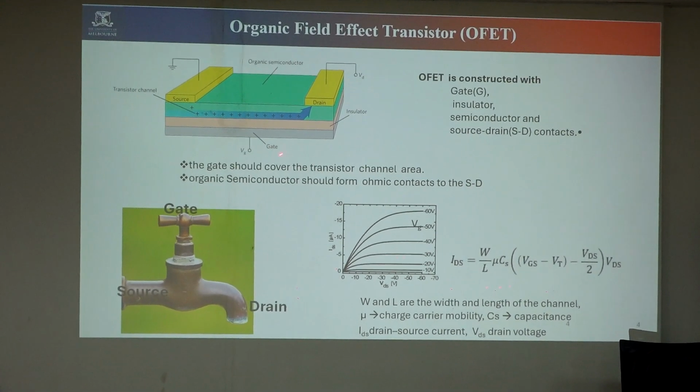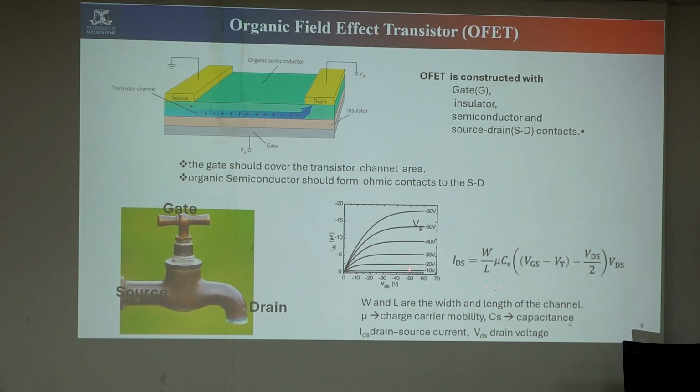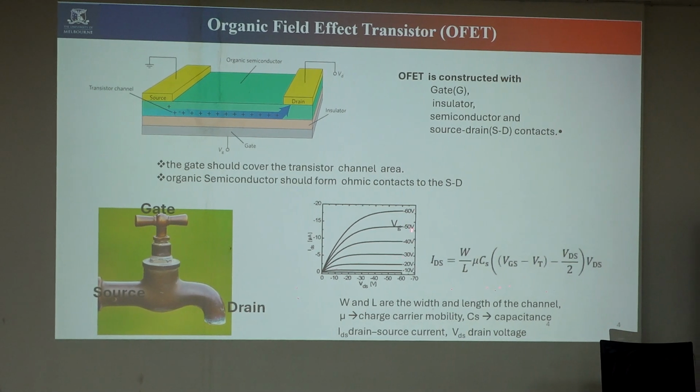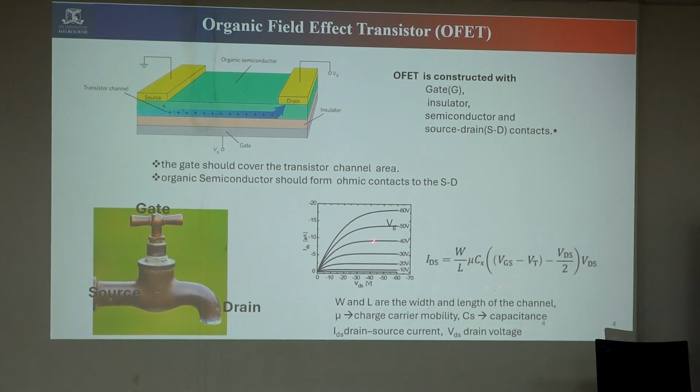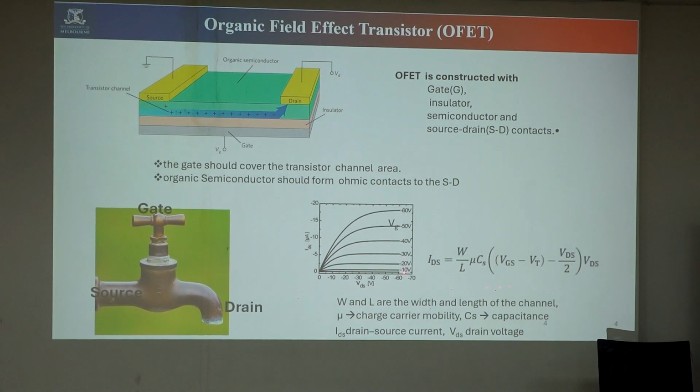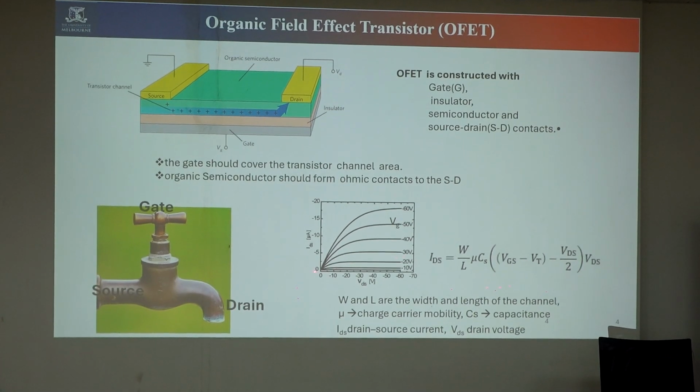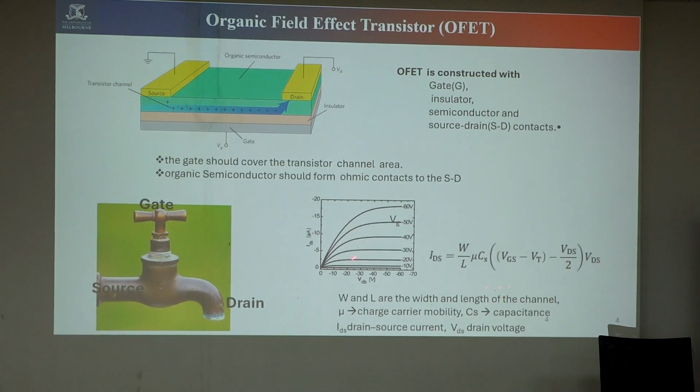According to how much gate voltage you apply, you can control the output characteristics. If you increase the gate voltage, the linear curve keeps on increasing and the output varies.